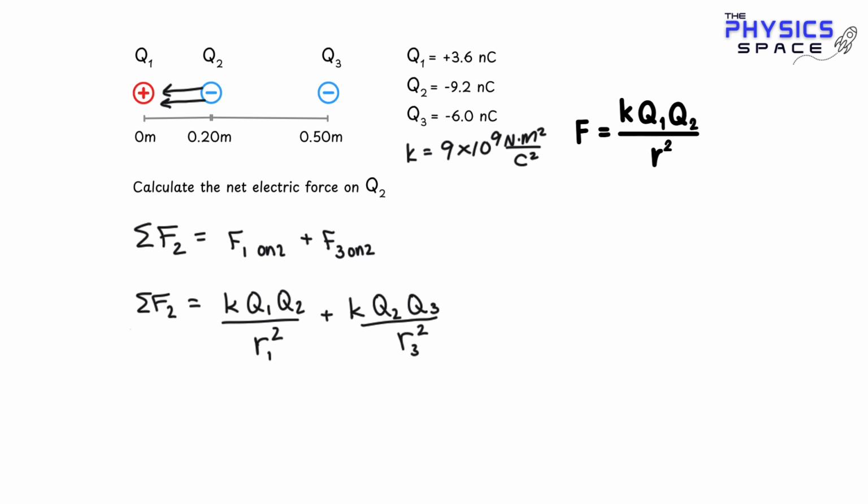But if you want to make your process just a little bit quicker here, notice we have 2 common factors in those 2 terms that we can pull out. So we're writing a little bit less. We can pull out the K and the Q2 to write our net force expression as K times Q2 times Q1 divided by the distance 1 to 2 squared, plus Q3 over the distance from 2 to 3 squared.